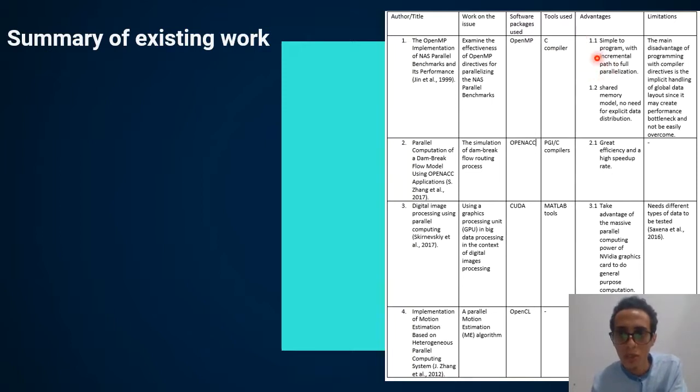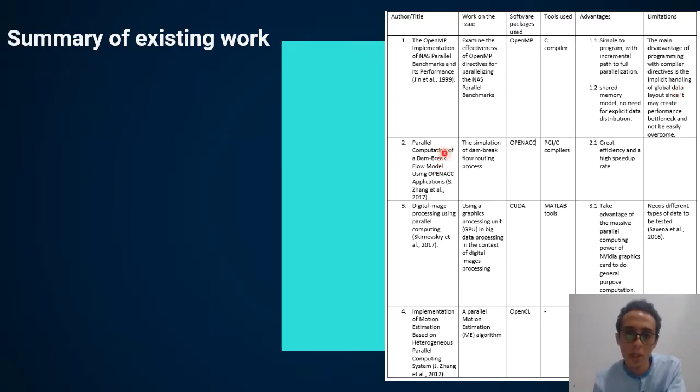The advantages of the research were that it's simple to program with an incremental path to full parallelization, and a shared memory model with no need for explicit data distribution. As for limitations, the main disadvantage of programming with OpenMP compiler directives is the implicit handling of global data layout, since it may create a performance bottleneck that is not easily overcome.